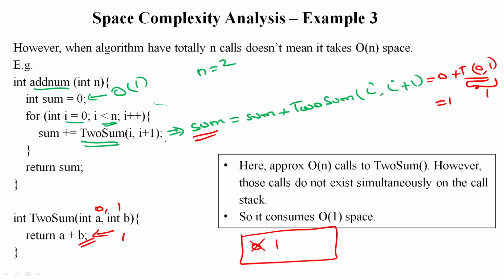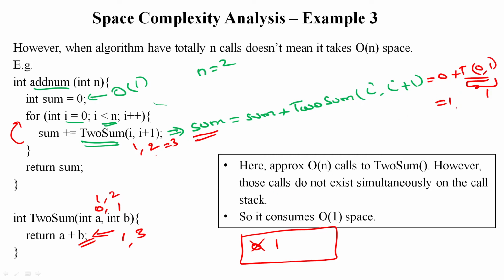Now the i value is incrementing, then i equal to 1 less than n, true. So now i value is 1, so 1 is passed, then i plus 1 is 2, so 1 comma 2 is passed here, 1 plus 2 is 3, so 3 is returned here.